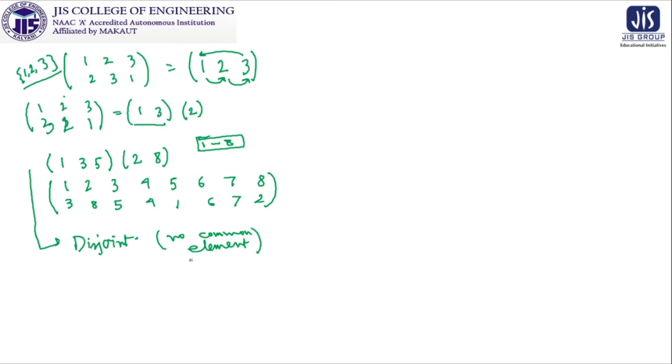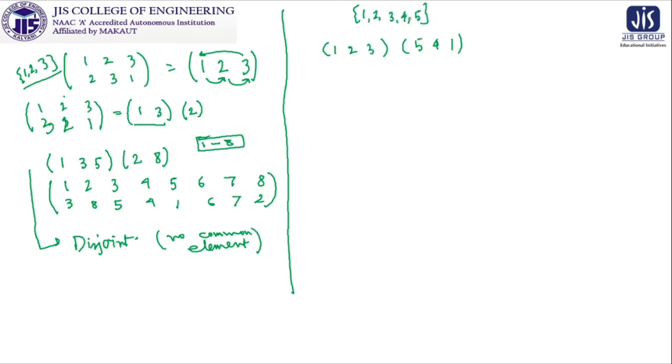Now we have already discussed the operation of permutations, but if we want to know the operations on cycles, what will be the case? It will be suppose 1 2 3, and suppose you are taking 5 4 1. So our set is here 1 2 3 4 and 5.